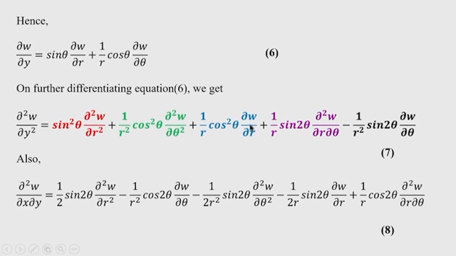So, naturally, when added, it will be 1 upon r del w by del r. The other terms, 1 upon r sin 2 theta del square w by del r del theta and minus 1 upon r square sin 2 theta del w by del theta, have alternate signs, equal but opposite, so they will get cancelled.